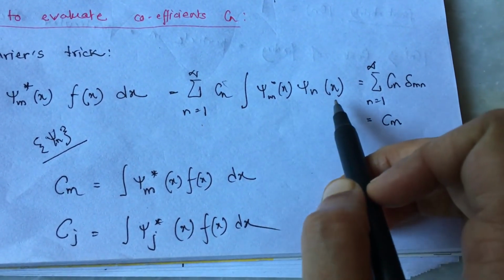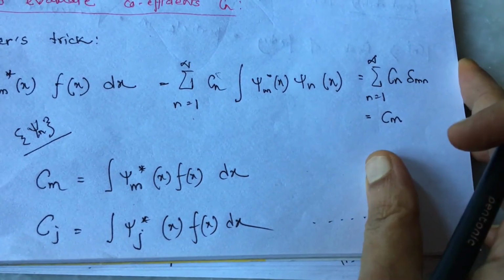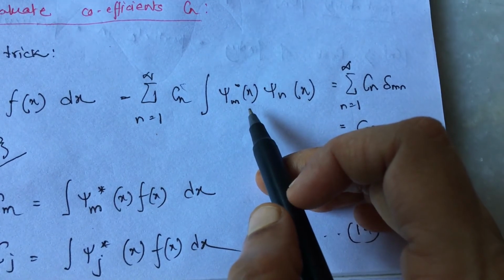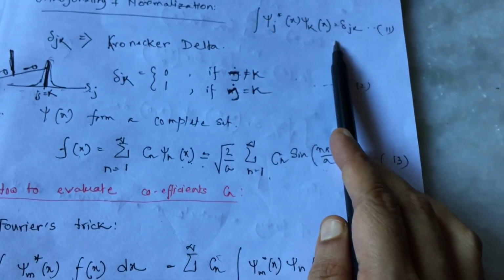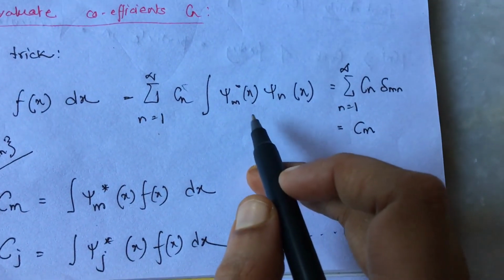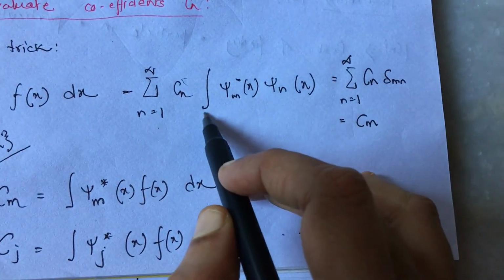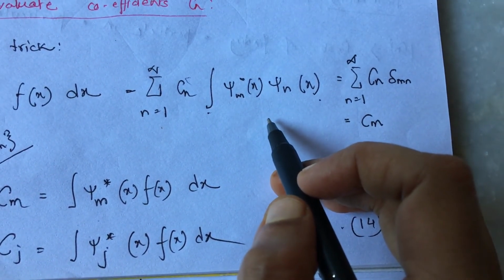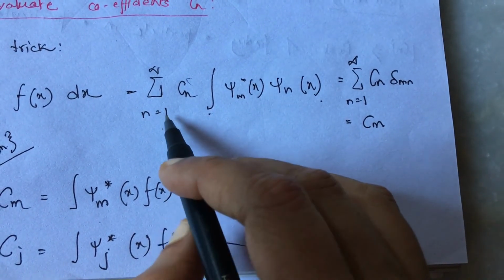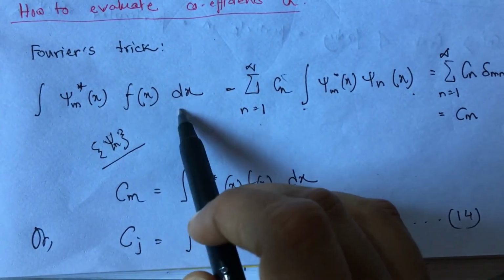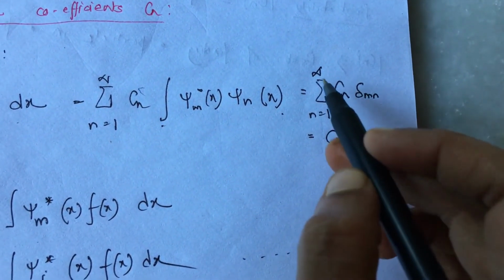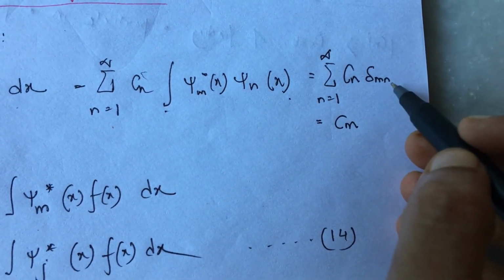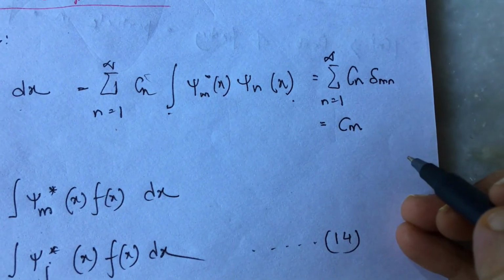So my equation becomes this, and here I am going to exploit the orthonormality property, that is equation 11. According to equation 11, I can write this entire equation as delta mn. So this expression becomes sum over n equal to 1 of cn delta mn, and as we know, m not equal to n makes the whole thing vanish.